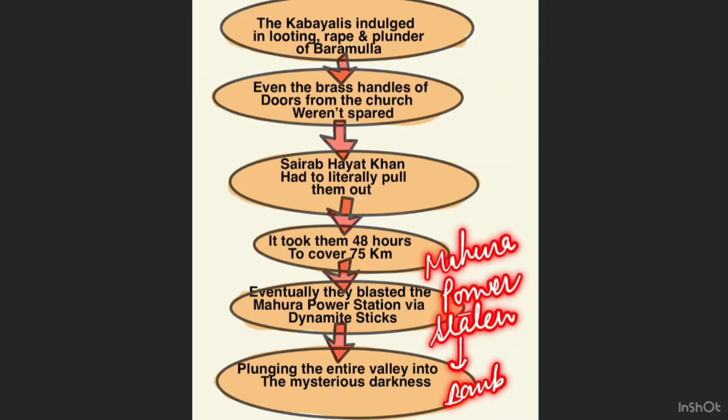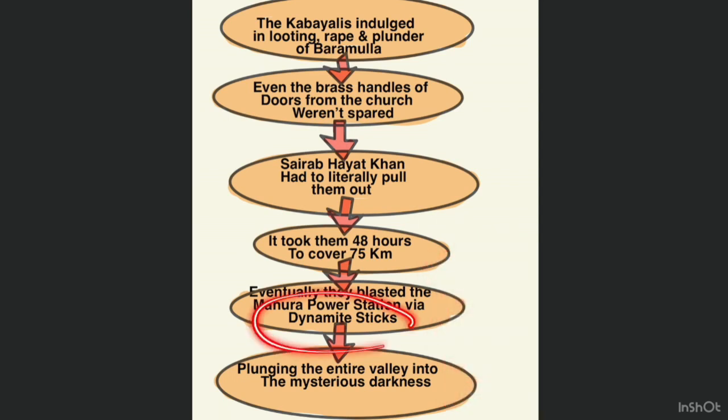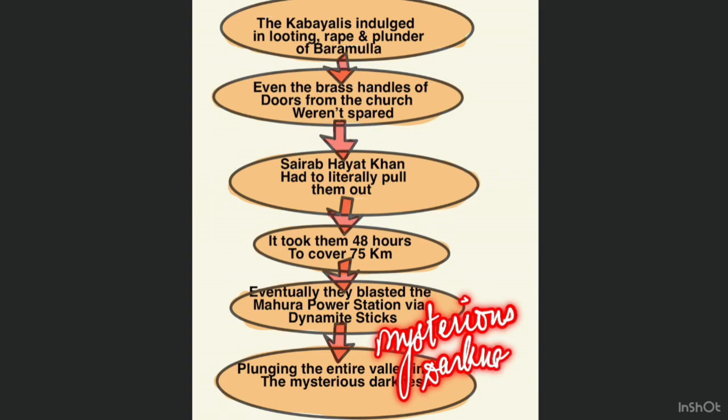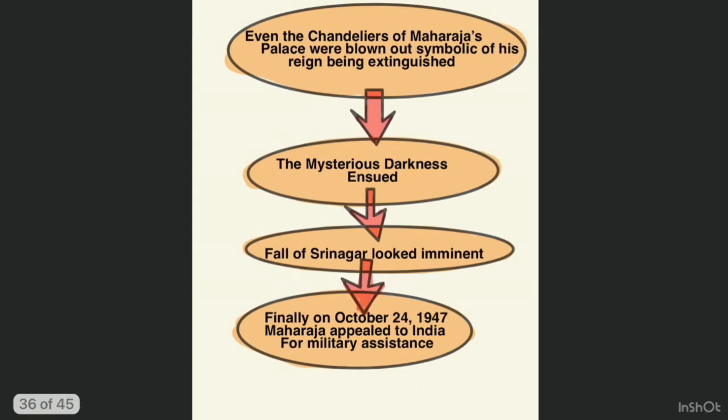They used dynamite sticks and bombed the power station, plunging the entire valley from Kargil, Ladakh to the valley itself into a spell of mysterious darkness. So the valley was in darkness. It is quoted that even the chandeliers of the Maharaja's palace were blown out, symbolic of his reign being extinguished.